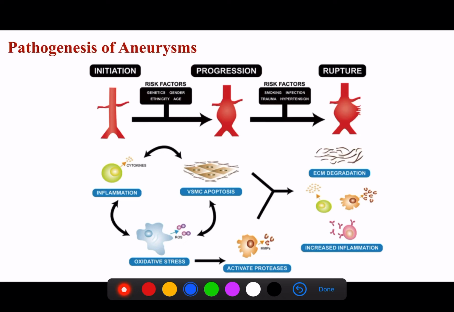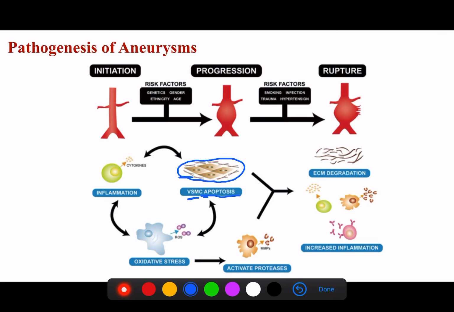Also, it may be due to obstruction of a blood vessel that leads to death of smooth muscle cells of the artery, vascular smooth muscle, by apoptosis. This death may weaken the blood vessel wall. Also due to inflammation.